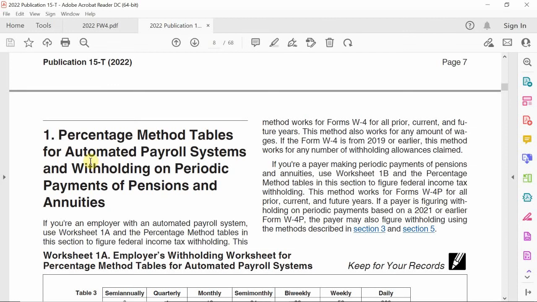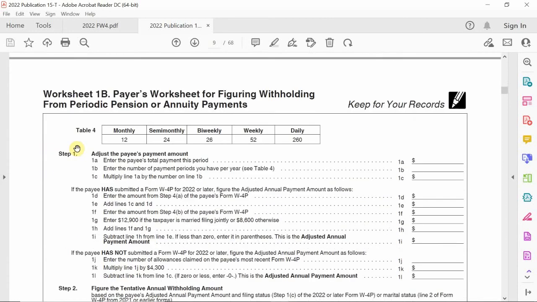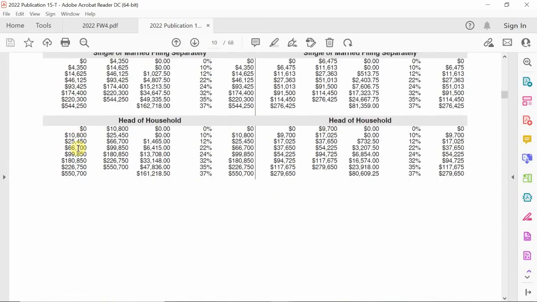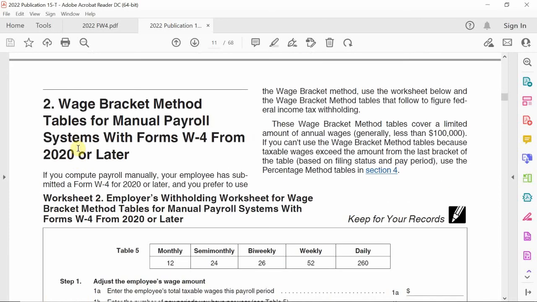We're looking at a manual payroll system. So if I keep scrolling, the next table you're going to see here is going to be the bracket method for manual payroll. But look, check this out. For W-4 forms for 2020 and later. What you're going to see here is there are tax tables for W-4 forms 2019 and prior, and then you have W-4 forms for 2020 and later.